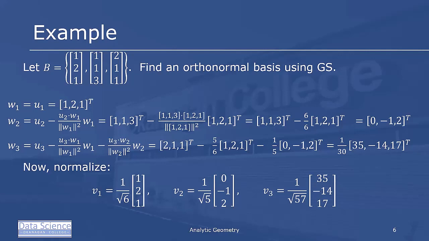Our w2 is going to be our u2 minus the part of u2 that comes from u1. So that's going to be our (1, 1, 3) minus the dot product of (1, 1, 3) and (1, 2, 1) divided by the norm of (1, 2, 1) squared times the vector (1, 2, 1). So when we simplify that, we get the vector (0, -1, 2).